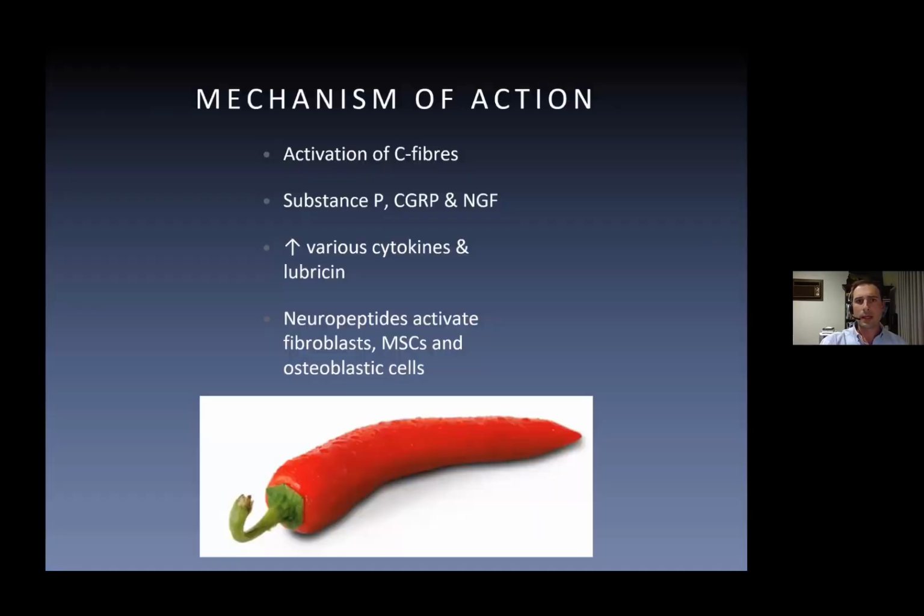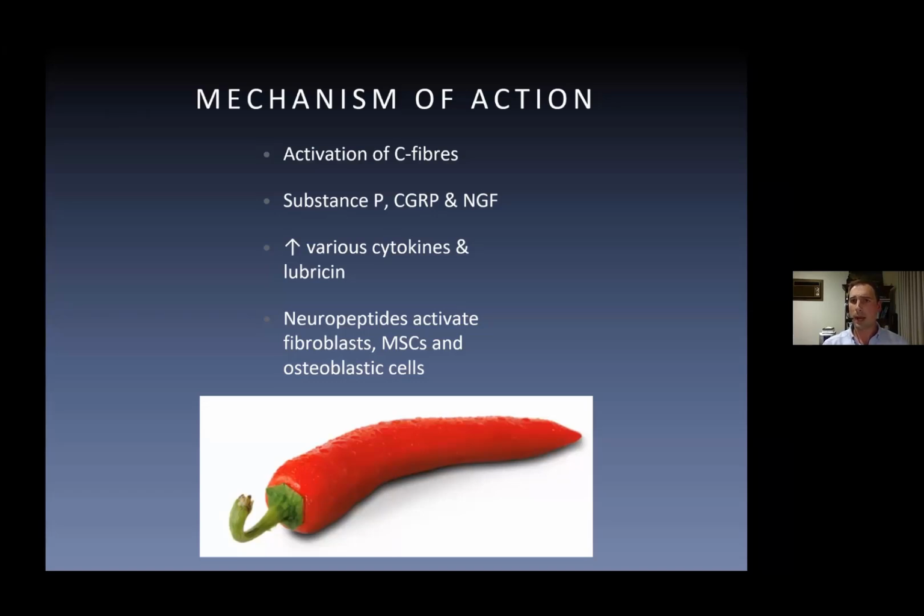In terms of the mechanism of action, shockwave activates the C fibers, and these C fibers release various neuropeptides such as substance P and calcitonin gene-related peptide. It also increases lubricin, which is more so for joints and has a lubricating effect, which can be wise in osteoarthritis.